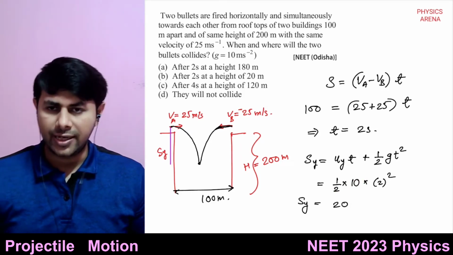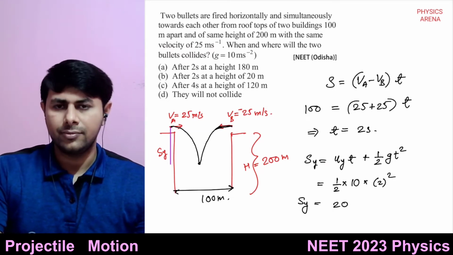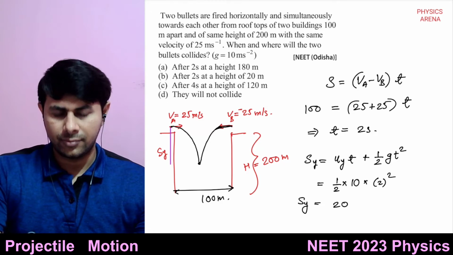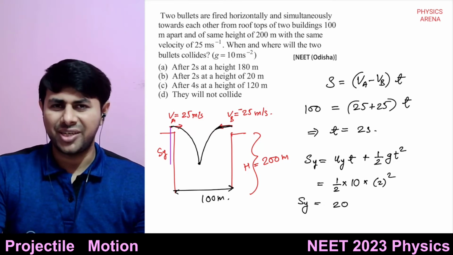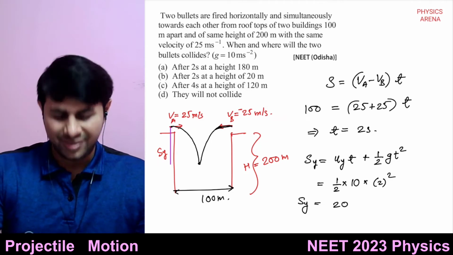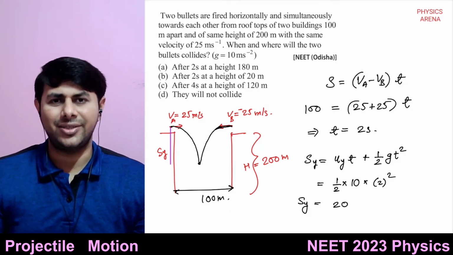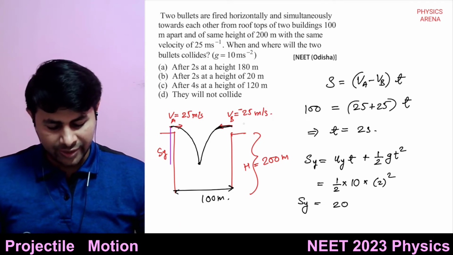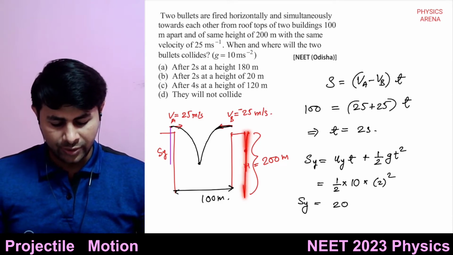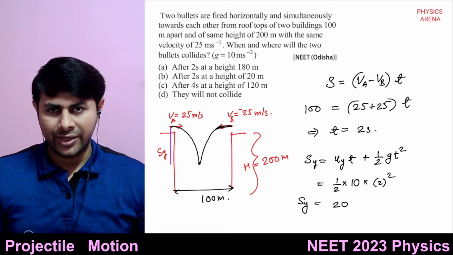So what's the answer? See, they cover that much distance, but you want their height. Earlier they were at the height of 200 meters. Now they have fallen through the height of 20 meters.